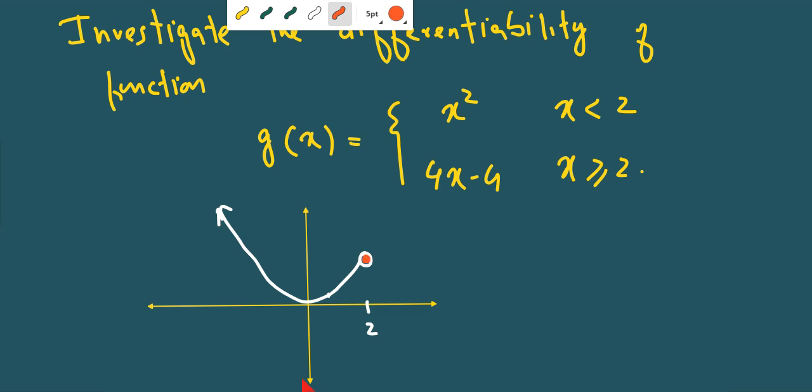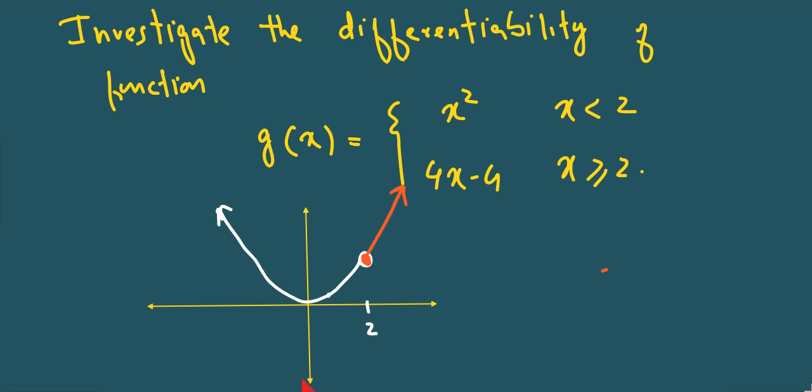So it is continuous, and if you take 3, the slope is 4, y intercept is negative 4, so you will get a curve like this. You can use any graphing method, but you will get a very straight curve.